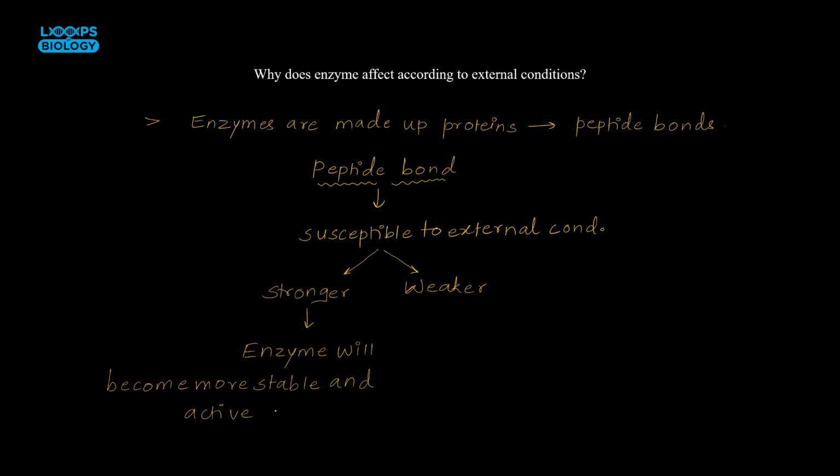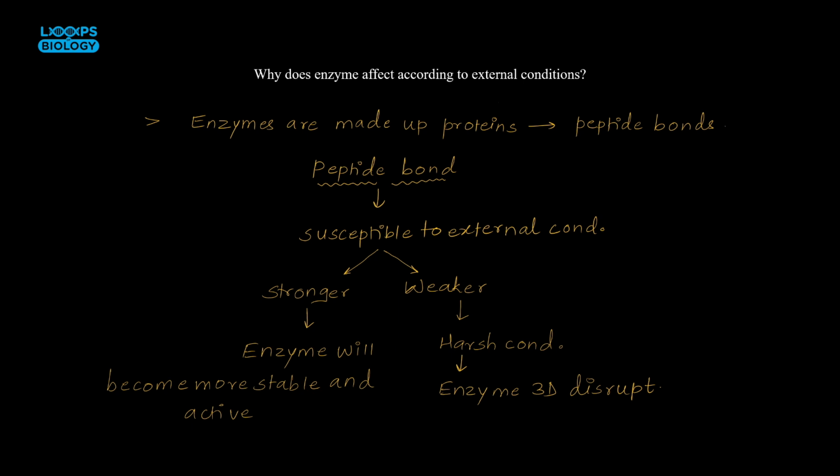While whenever I am giving harsh condition to the enzyme, that means lowering down the temperature or increasing the temperature beyond a certain limit or changing my pH to extremities, in that particular condition, the enzyme's three-dimensional structure gets disrupted, and the enzyme activity will be reduced.